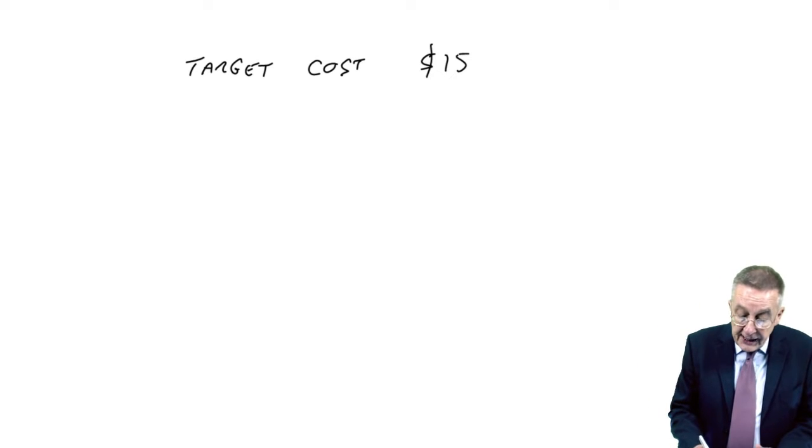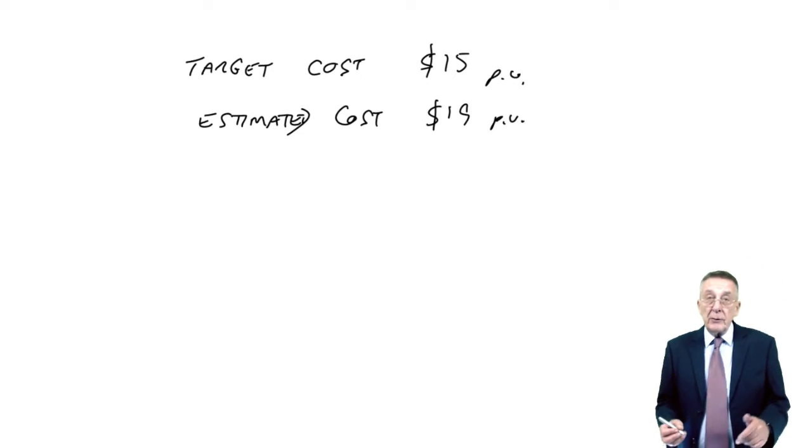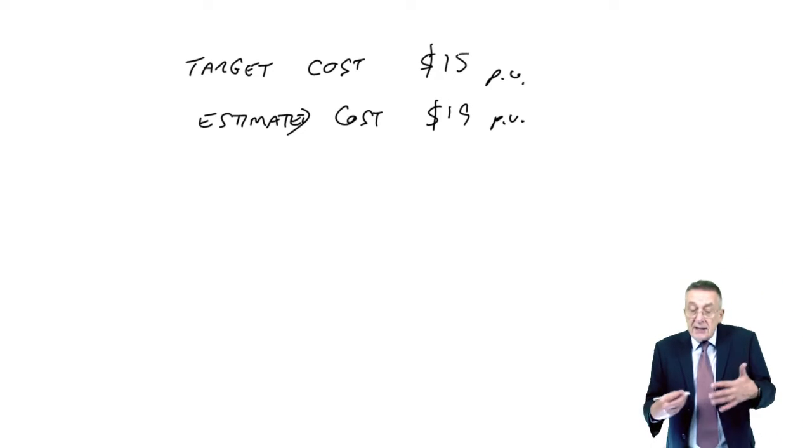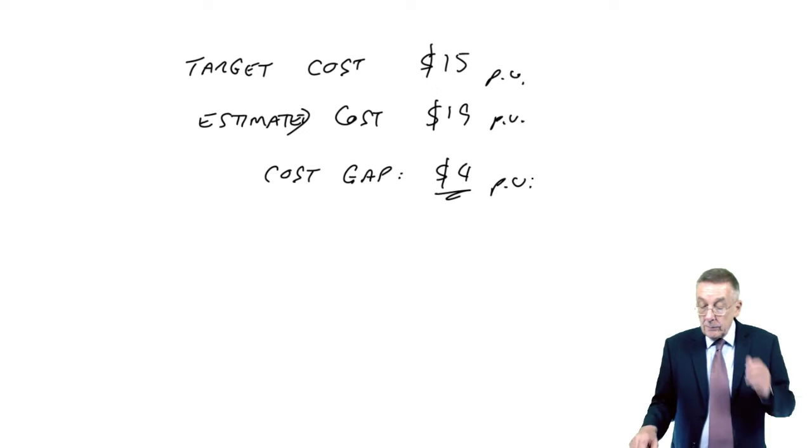But if the estimated cost is higher, let's say 19 per unit, we're not going to get the profit we want. The difference we call the cost gap. $4 per unit.